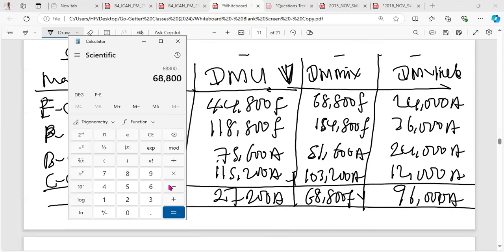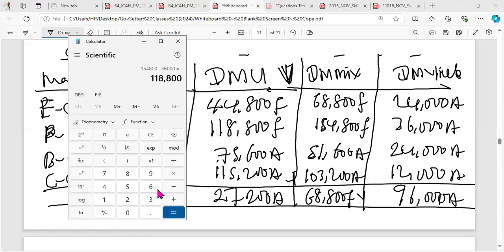68,800 minus 24,000. That's 44,800. 154,800 minus 36,000 gives 118,800.